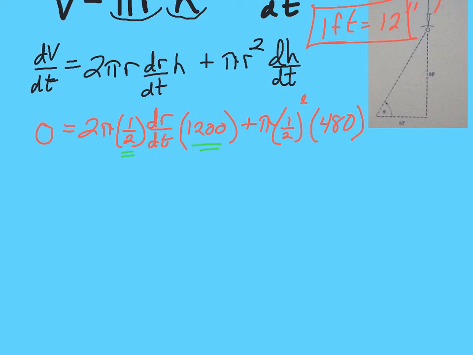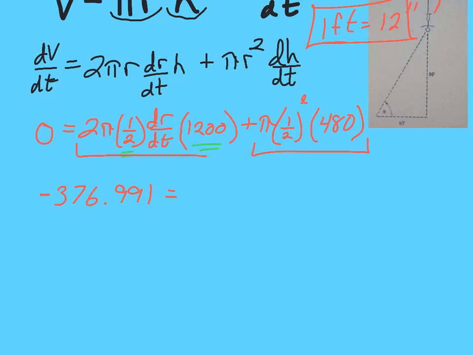So I'm going to go here, and we're going to try and solve for dr/dt. So we need all of this first part over here. We're going to punch that into my calculator, and then I'm going to move it to the other side. So doing all of that, I had 376, but I'm going to move that to the other side and get negative 376.991.